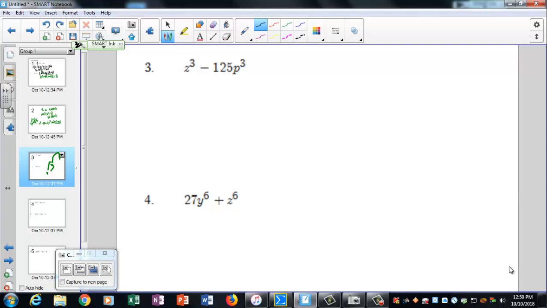These are cubes. So this is z and 5p. Those are the 2 pieces that make up that perfect cube. I say that because z times z times z is z cubed, and 5p times 5p times 5p is 125p cubed. So we're dealing with these 2 pieces. The formula is this: small parenthesis, big parenthesis.